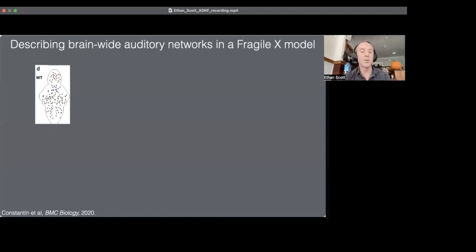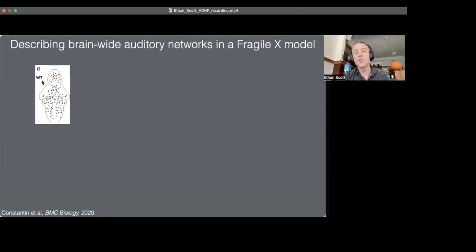What Lena Constantin did in order to do this was she created nodes that each represented a large number of ROIs. For a given node, its position and its response profile reflected the usually hundreds or thousands of ROIs that were composing the average signal for that node.